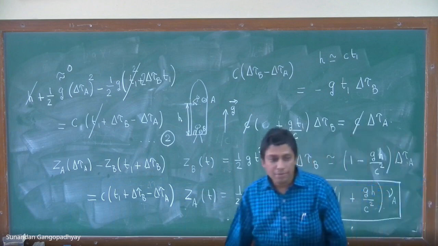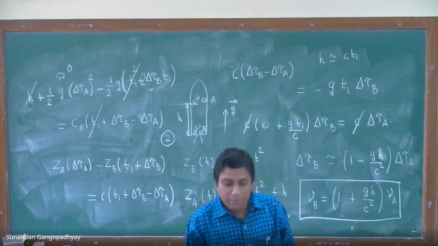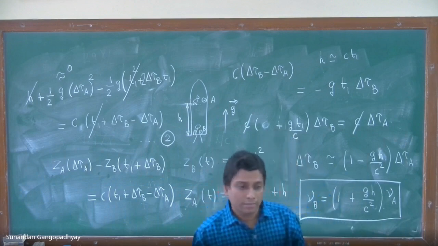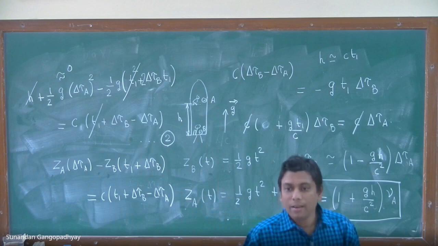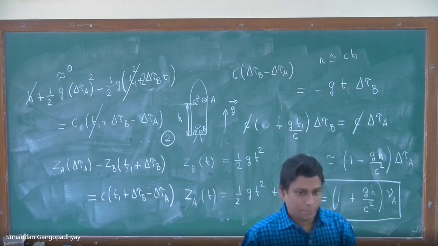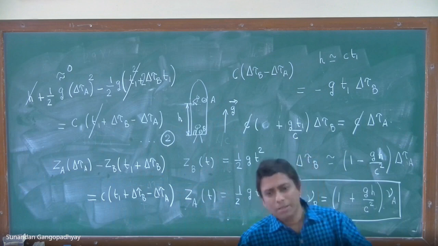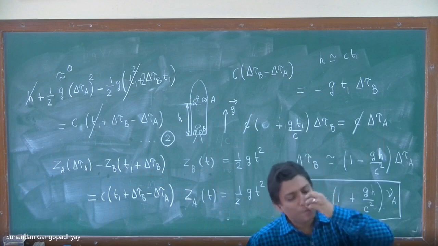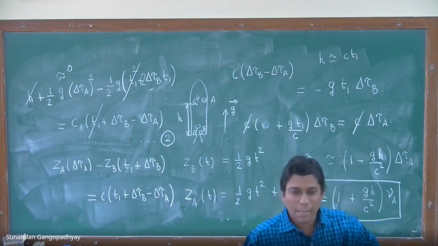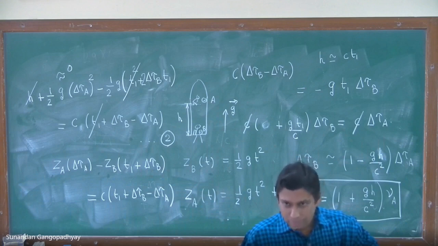How is this effect different from the time dilation effect in special theory of relativity? Both will see the same effect in S and S prime frame. The frames are moving with uniform velocity. From one frame, if the time seems slower, from the other frame, it will also seem slower.